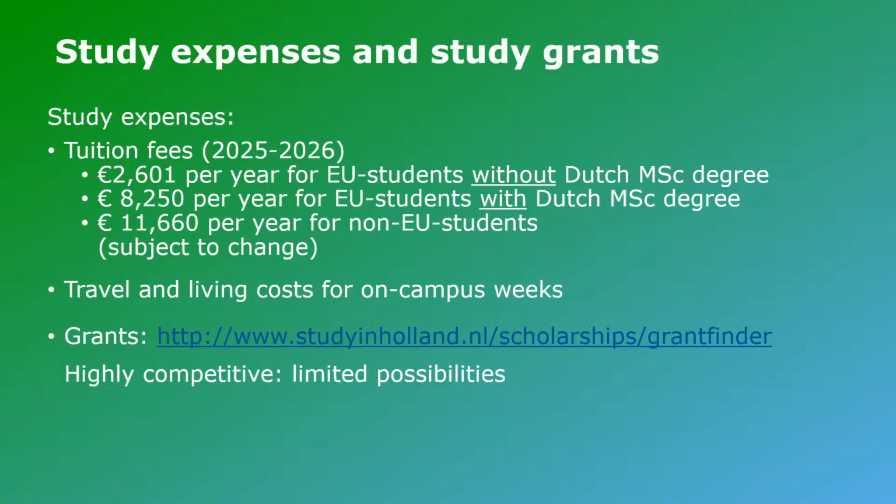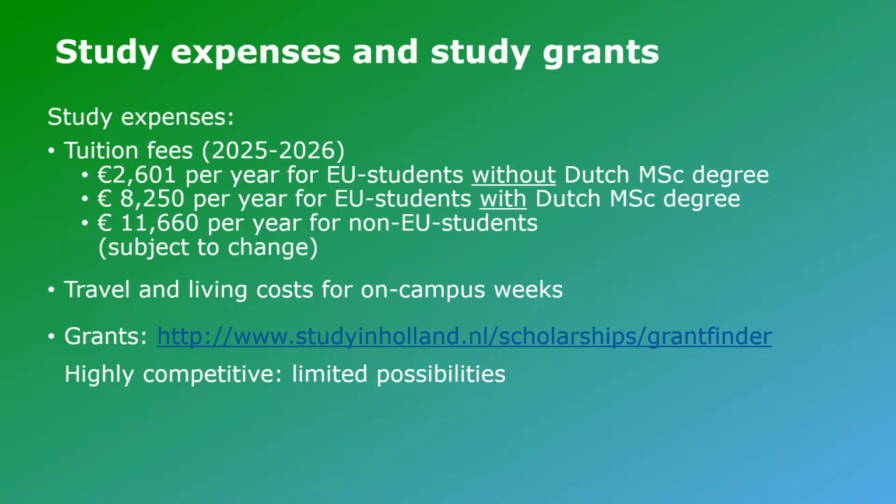Then other important information: study expenses and study grants. This is an overview of the tuition fees for the upcoming academic year starting in September 2025. For EU students without another Dutch master's degree, the tuition fee for next year will be €2,601 per year.